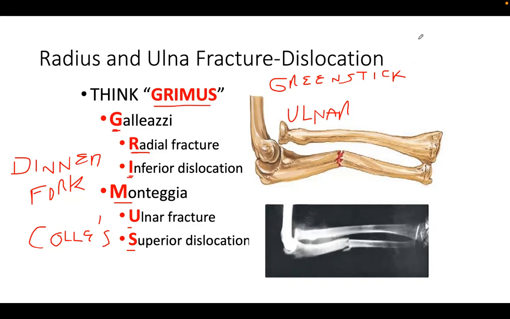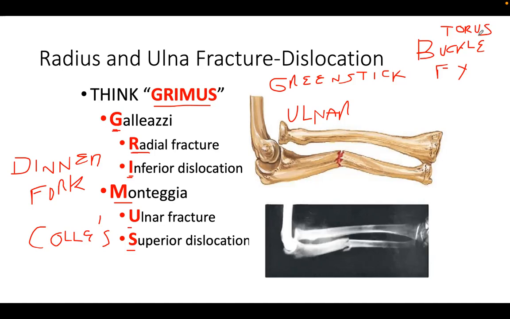Now, question. What do we call a buckle fracture of the forearm? What is the other name of a buckle fracture of the forearm? This is what we call a torus fracture.